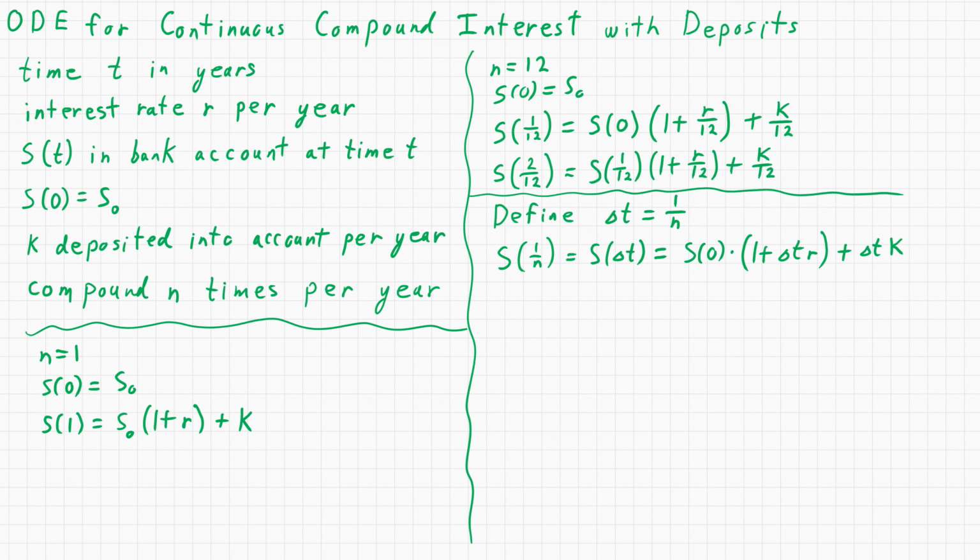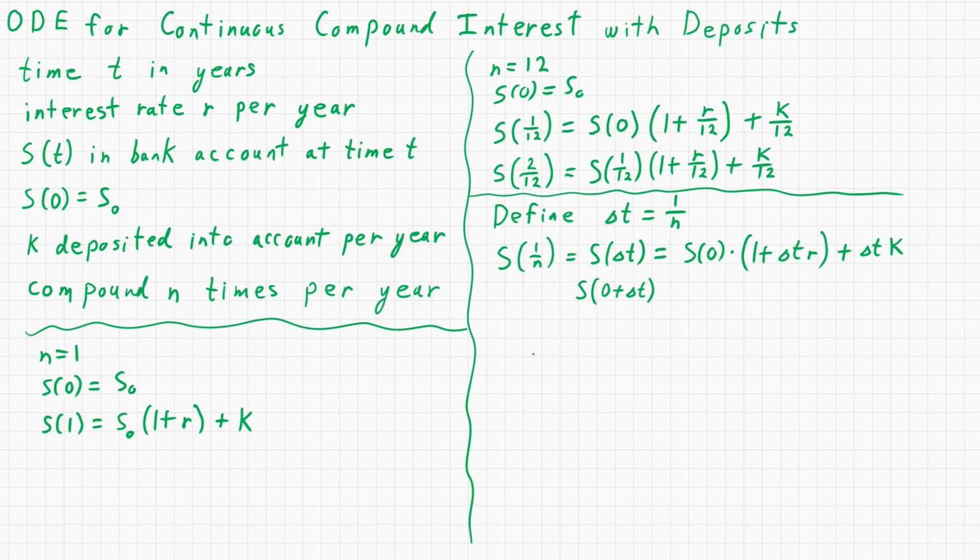All right, so this is looking a little closer to a differential equation. So we've got S of delta t equals S of 0, times 1 plus delta t times r, plus delta t times K. Now we're going to change it just a little bit. Really, S of delta t and S of 0, that was the same thing as S of 0 plus delta t, right?